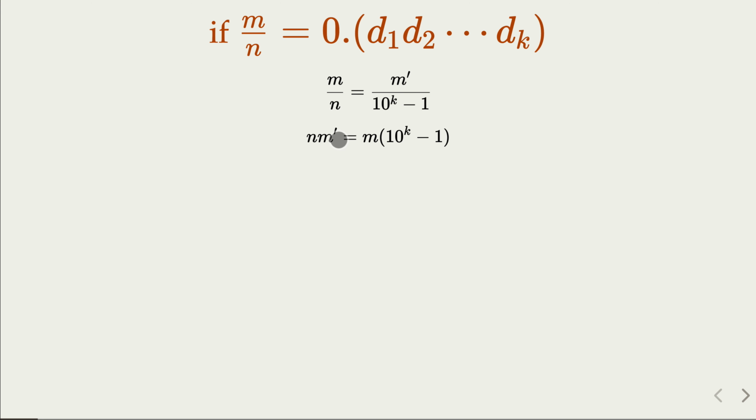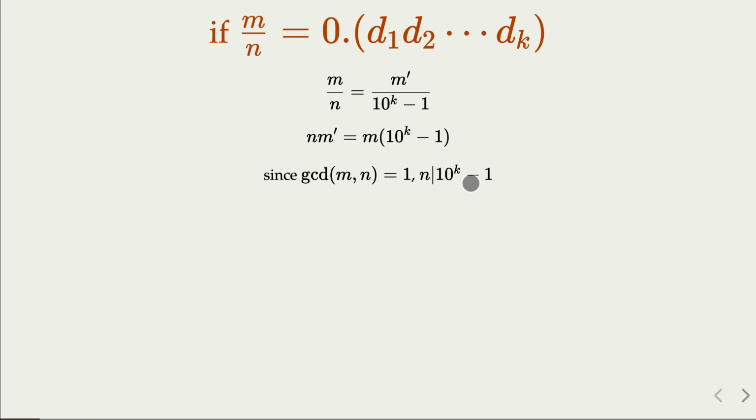So we rewrite this fraction and cross multiply, setting the products equal to each other. Now we notice that n and m are relatively prime, so the GCD of m and n is 1; it's a reduced fraction. So we know for sure that n is going to divide the denominator, which is a bunch of 9s.